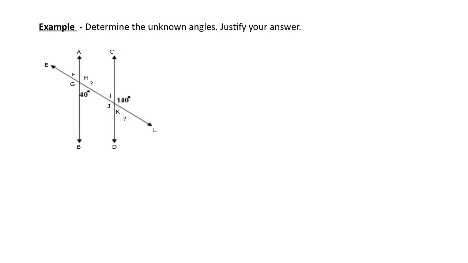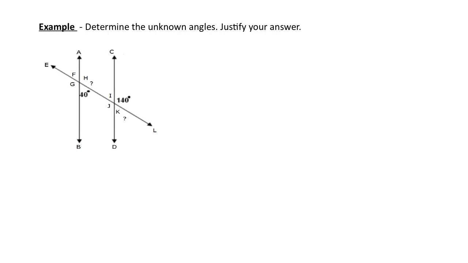So like I said, you might use a whole bunch of different angle theorems, and then another student or classmate might only use 2 angle theorems and get the exact same answers. So there is no one right way to do this, and that's kind of like the beauty of these types of angle questions. So it doesn't matter where we start.